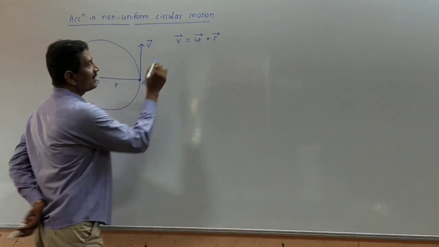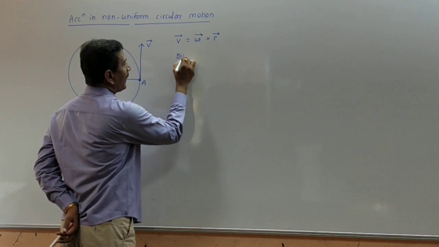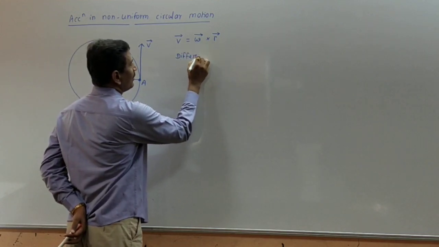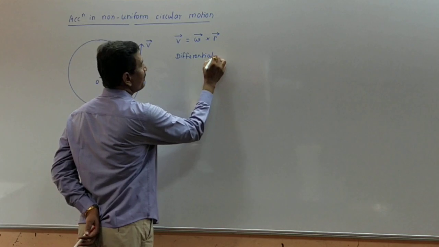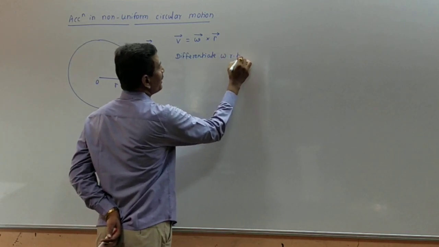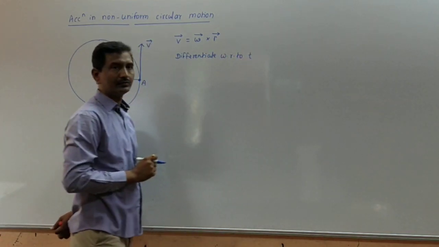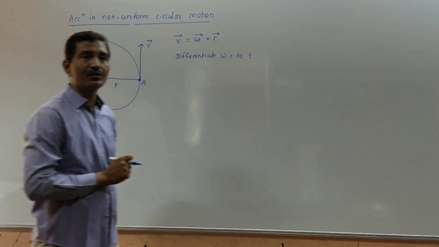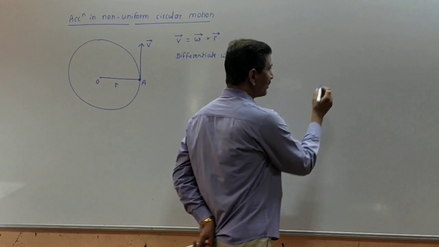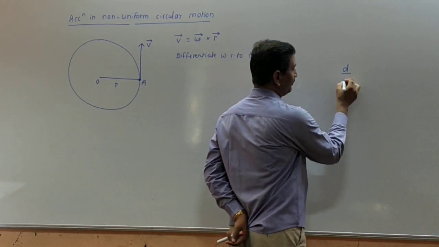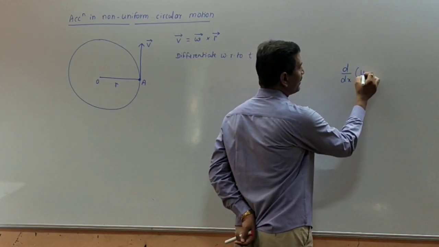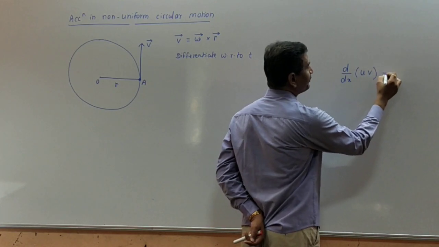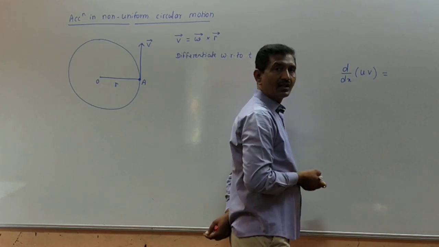So we differentiate this expression with respect to time t. You are familiar with the product rule of the derivative. So what is the product rule of the derivative? d by dx of the function uv is equal to what?